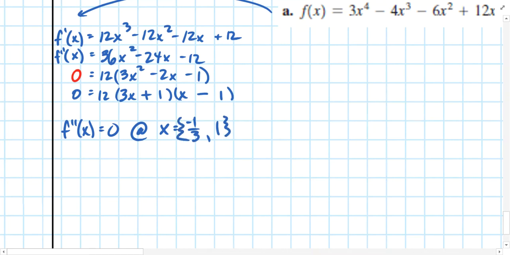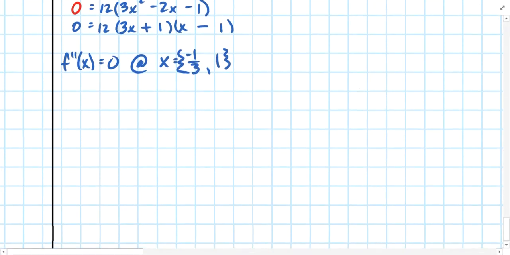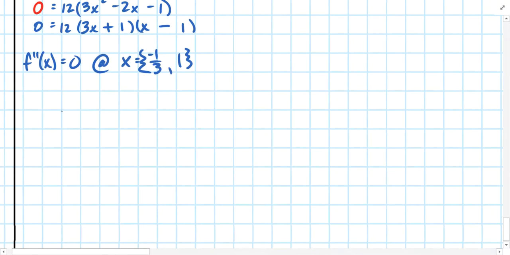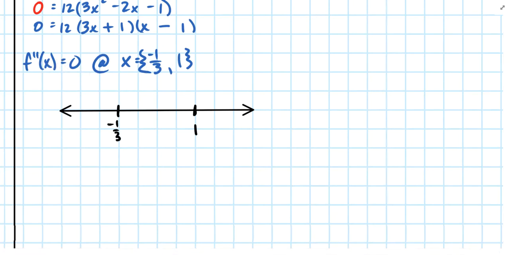So if I draw a number line for the second derivative, I would like to mark on that number line negative 1/3 and positive 1. So here's a positive 1, and let's say that this is negative 1/3. And so in order to determine whether the second derivative is positive or negative in the intervals in between, what I would like to do is pick points in between on these intervals.